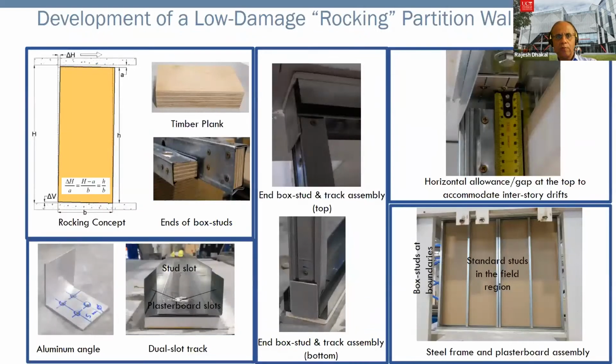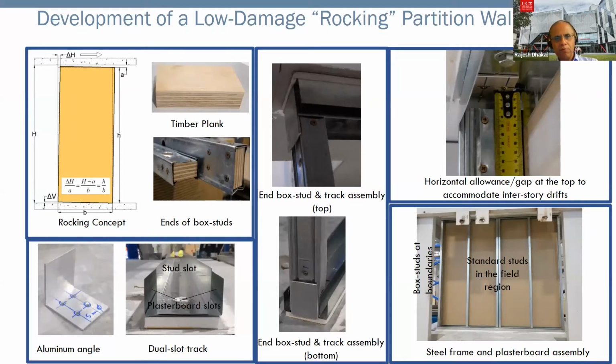So in order to apply rocking motion, there were some complications, especially when we applied this to steel frame partition walls, drywall partitions, because the steel studs can locally damage when we force them to rock about these steel studs.